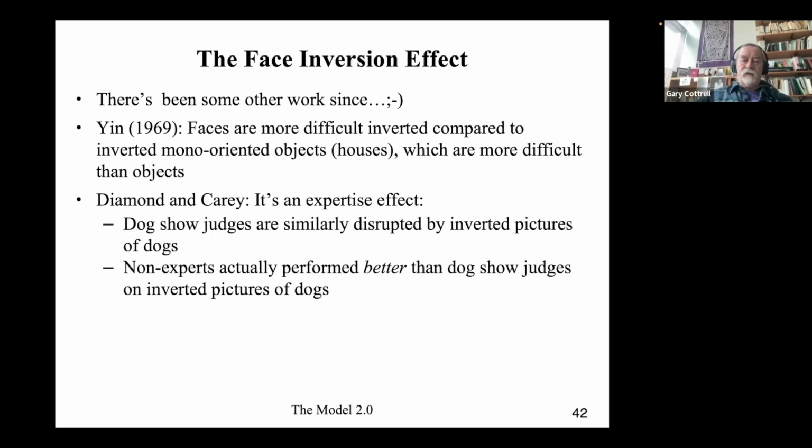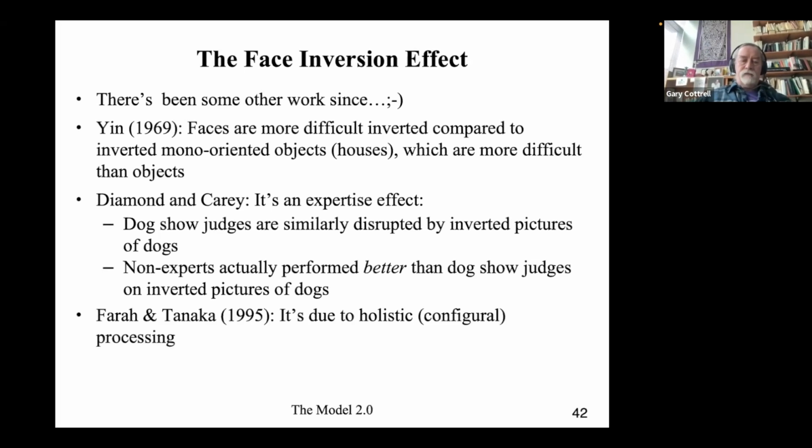So that says this is an expertise effect. We aren't house experts, or most of us aren't, unless you're a real estate agent or an architect. But faces are a homogeneous category. We all look alike. We have 2 eyes, a nose, a mouth, and 2 ears, and yet we have to individuate each other if we want to be socially acceptable.